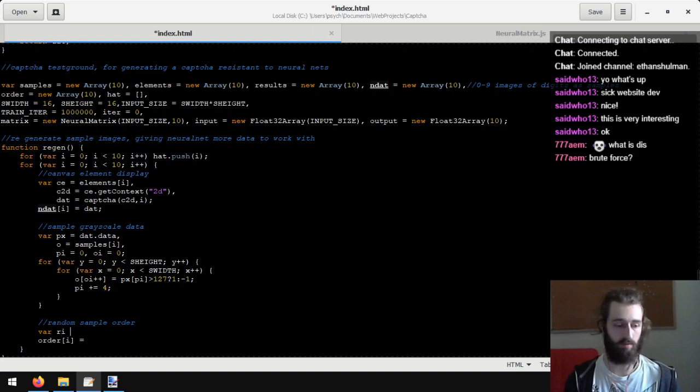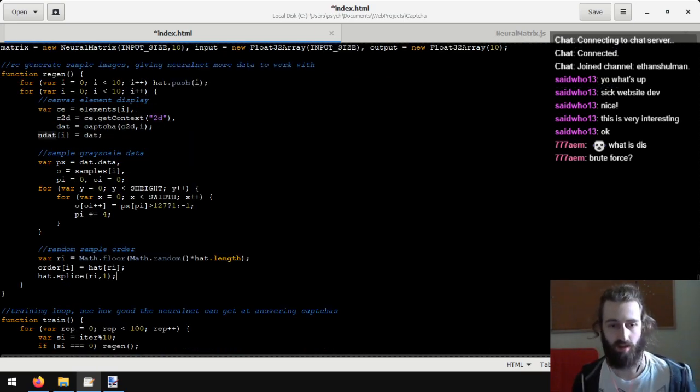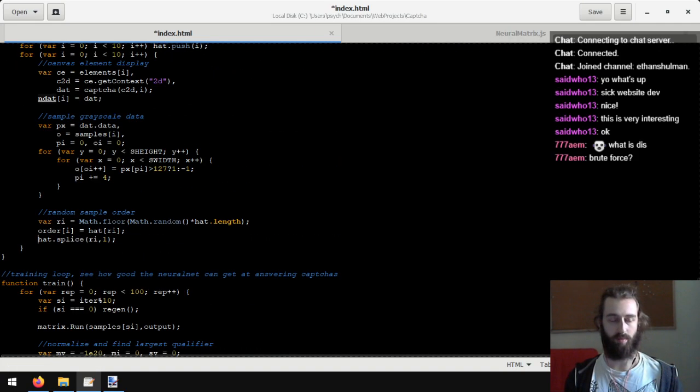I don't know if I want to use that though. So random index in the hat. Randomly pull out of the hat, and then we splice that out of the hat. We could also do a fast remove, but I'm lazy. Well, hat ri equals hat. We'll just do splice.